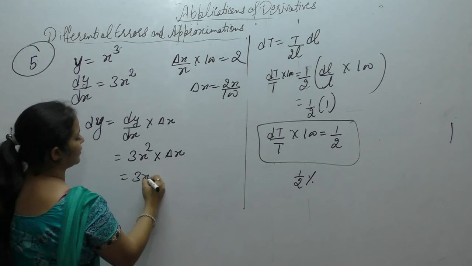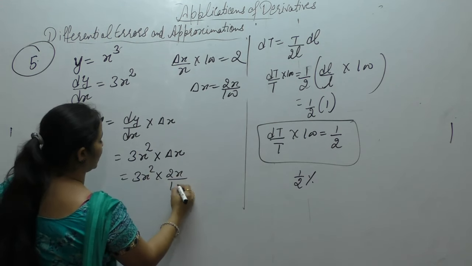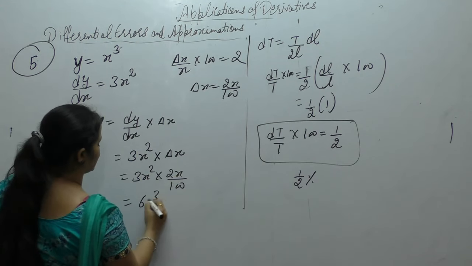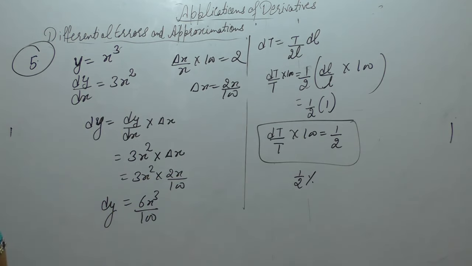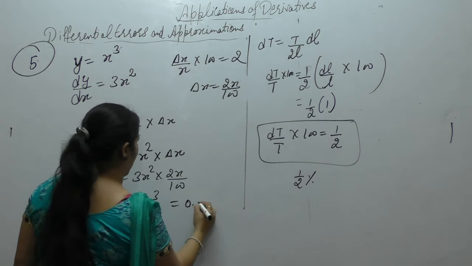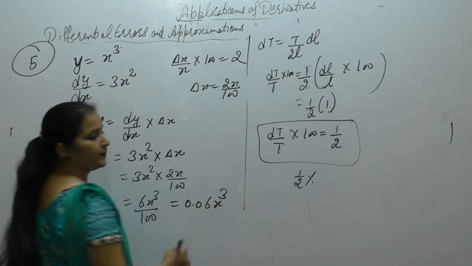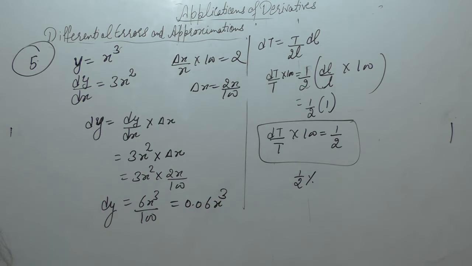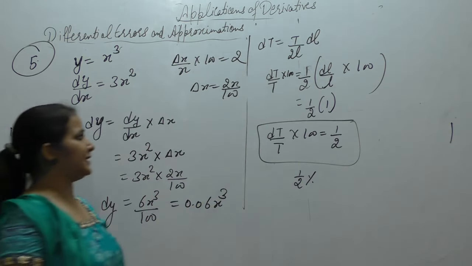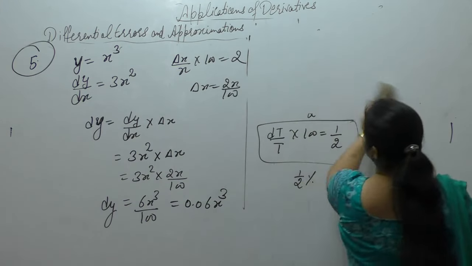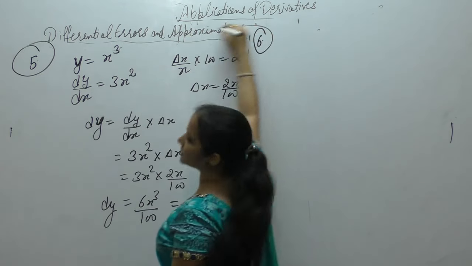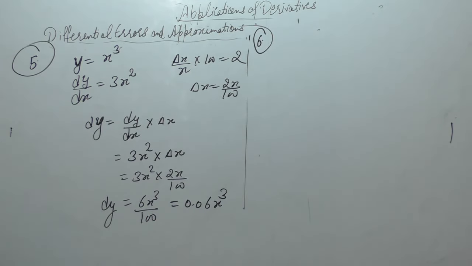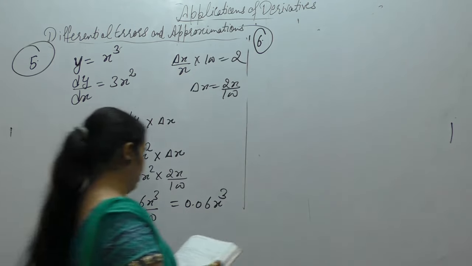So putting in the value, 6x cube upon 100, that is 0.06 x cube. The approximate change in volume is 0.06 x cube meter cube.